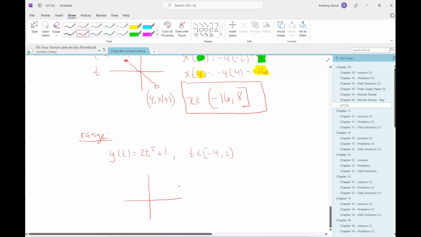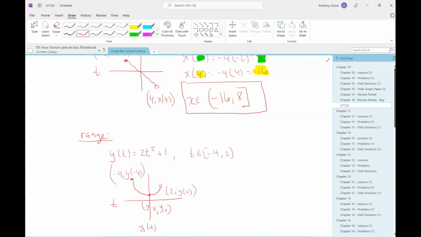So there's two possibilities, right? One of them is that we have something like this, where the vertex is in between our endpoints. And again, this is a t, y of t function. Everybody's okay with that?